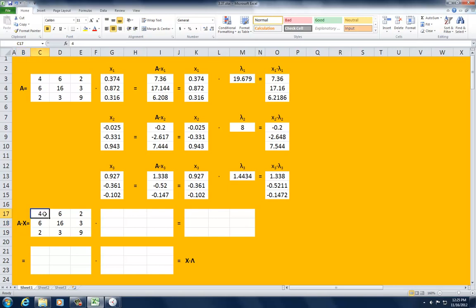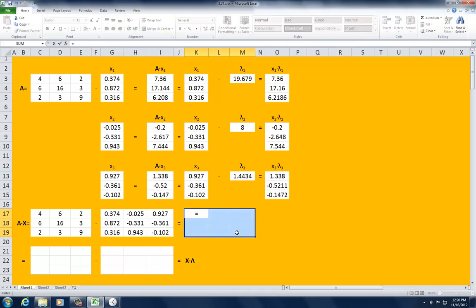So here's A, and we're going to put X in here. So what I'm going to do is just copy and paste these eigenvectors in. So we can do matrix multiplication and multiply these two together. A and then X, Control Shift Enter.